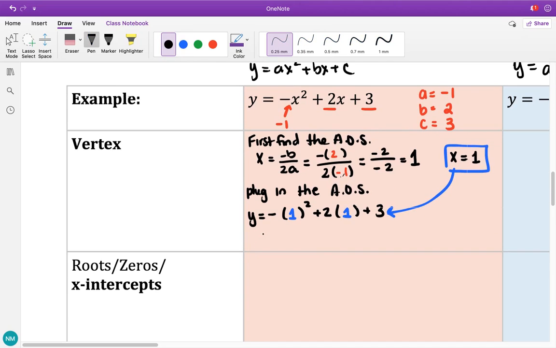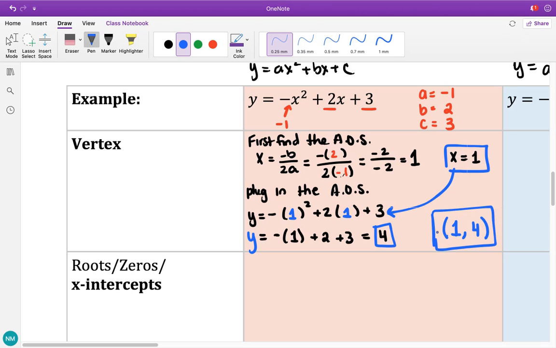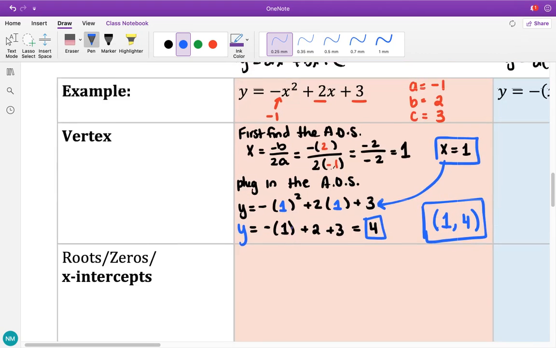So I get y equals negative 1 squared, which is 1, plus 2 times 1, which is 2, plus 3. So I get 2 plus 3 minus 1, which is 4. So my final answer for the vertex is x equals 1, y equals 4: (1, 4). Okay, so there's our vertex.